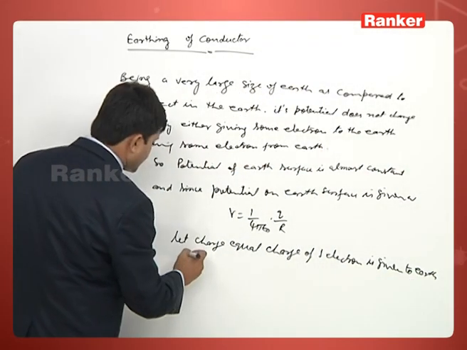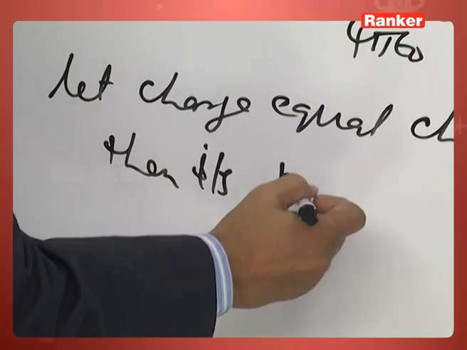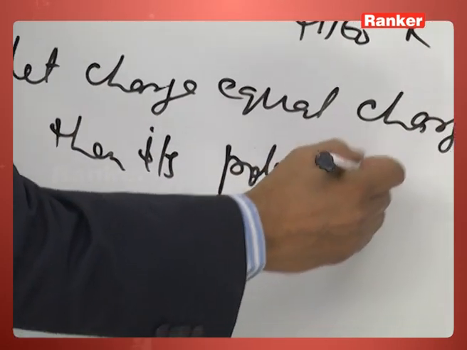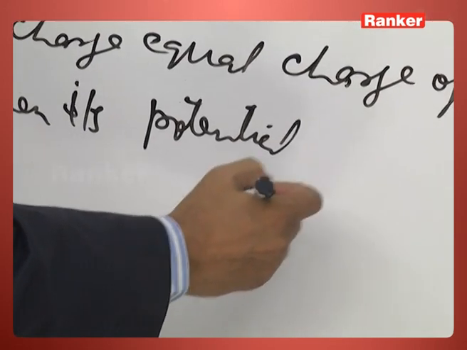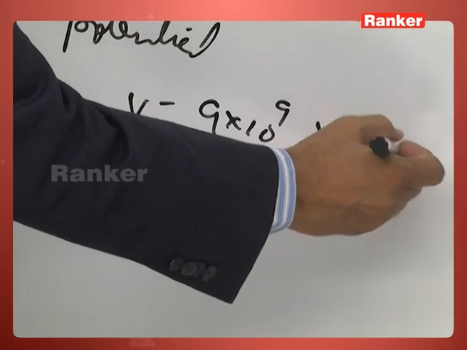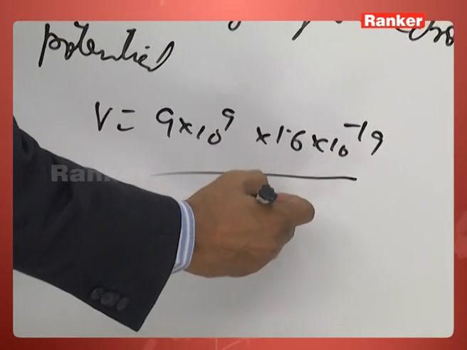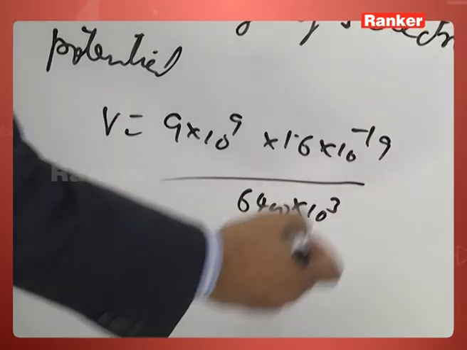Then its potential V is 9 times 10 to the power 9, into 1.6 times 10 to the power minus 19, divided by R, which is 6400 into 10 to the power 3.